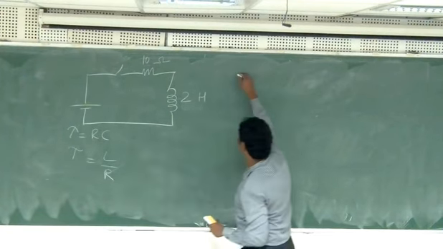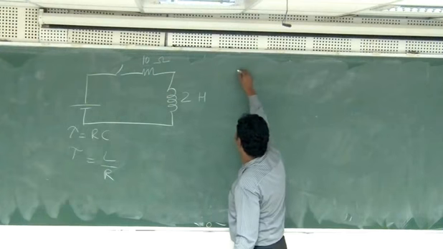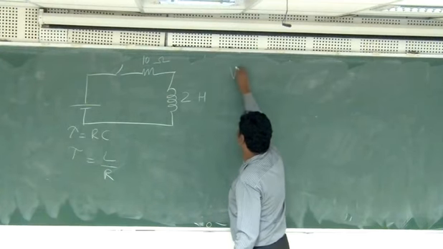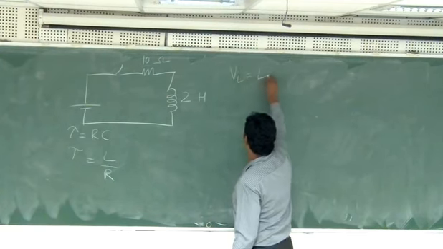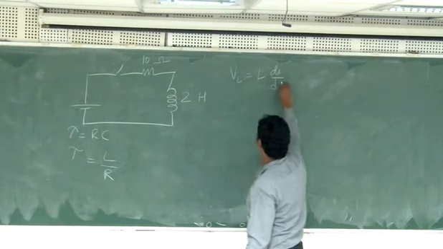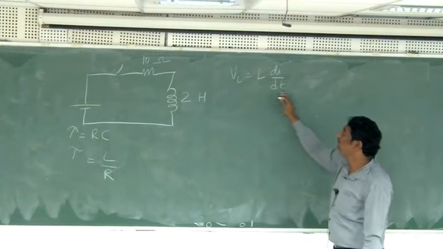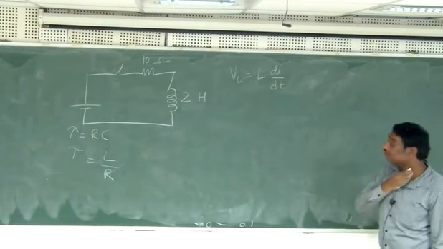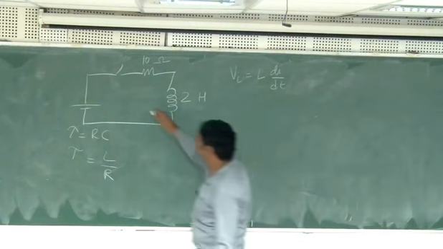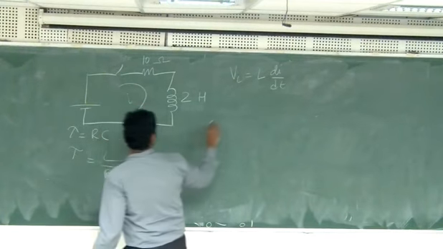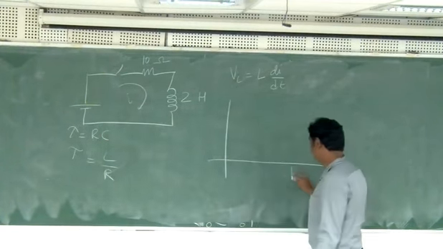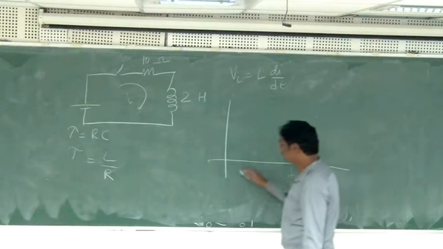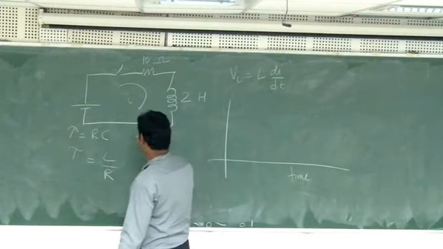What is the voltage of an inductor? L di by dt. Okay, the inductor voltage is nothing but L into di by dt. Now I am interested in current. So, time, current. At t equal to 0, the switch is closed.